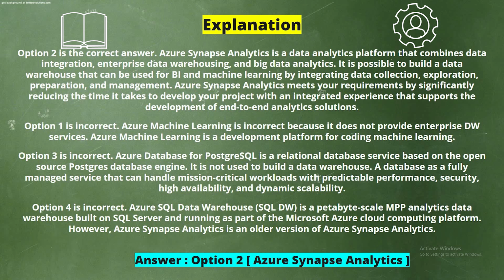A database is a fully managed service that can handle mission-critical workloads with predictable performance, security, high availability, and dynamic scalability. Option 4 is incorrect. Azure SQL Data Warehouse is a petabyte-scale MPP analytics data warehouse built on SQL Server and running as part of the Microsoft Azure Cloud Computing Platform. However, it is an older version of Azure Synapse Analytics.